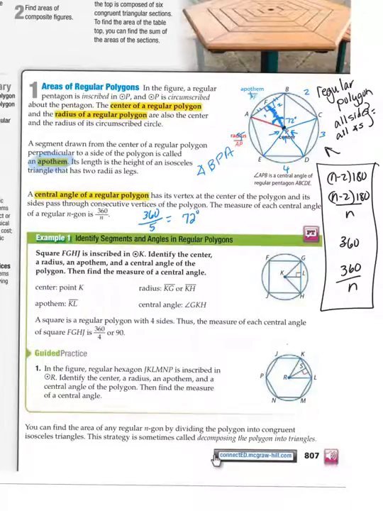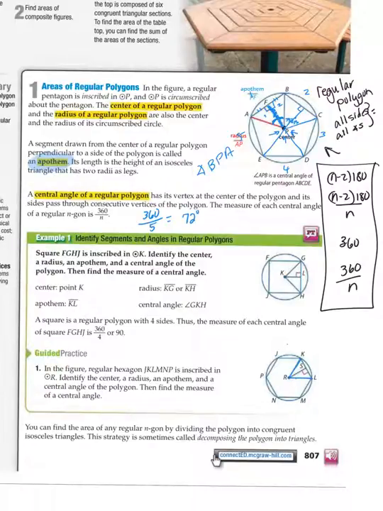If I put an apothem in there, an apothem in there, I'm going to create two 36s, which tells me I'm going to have to use SOHCAHTOA sometimes. So you got to make sure you remember SOHCAHTOA. If we'll look down here at the guided practice, just to remind you, remember that RK is the radius of the circle, and RL is the radius of the circle.